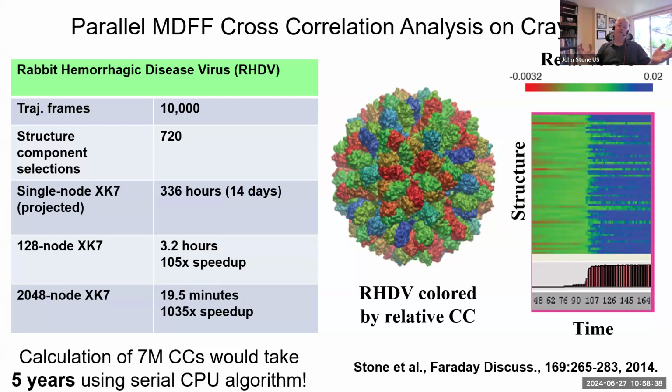And then you can run VMD on a supercomputer and use large node counts to do things like process large trajectories. You can do any analysis that you would do on one frame, you can do on an entire trajectory using a large number of nodes. As an example, more than a decade ago, we had a particular kind of analysis doing cross correlation between atomic structures being simulated and cryo-EM density maps for doing molecular dynamics flexible fitting.